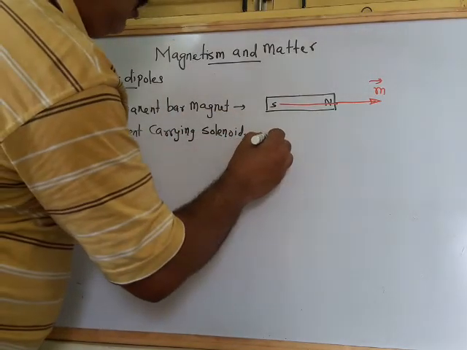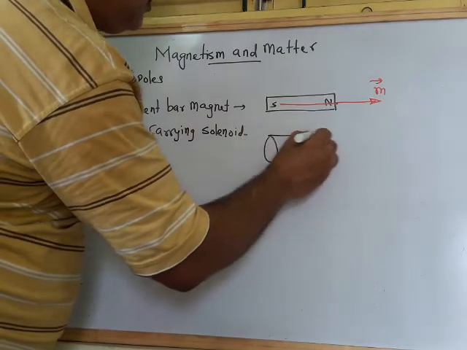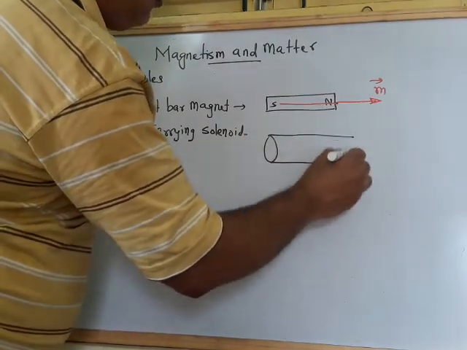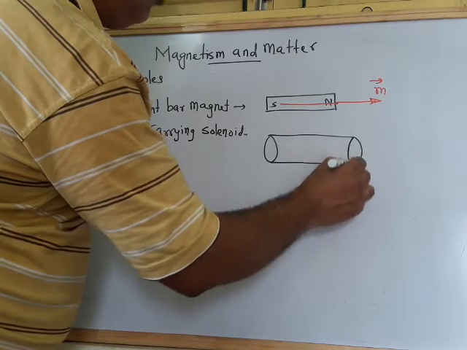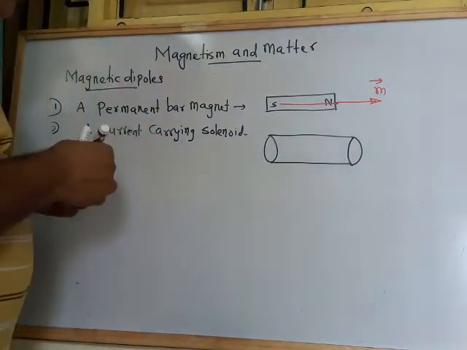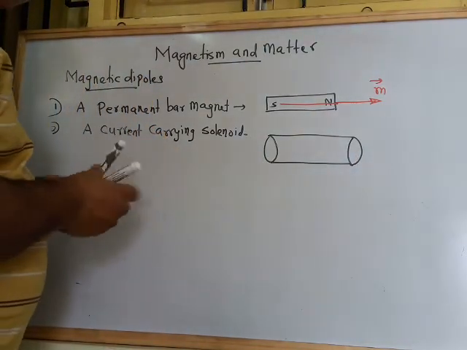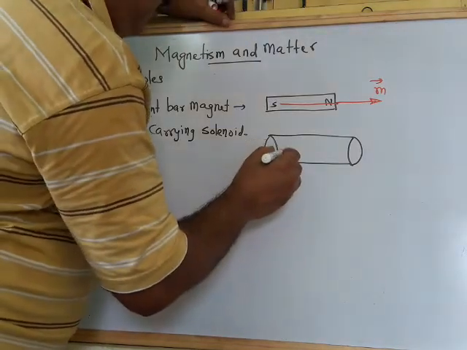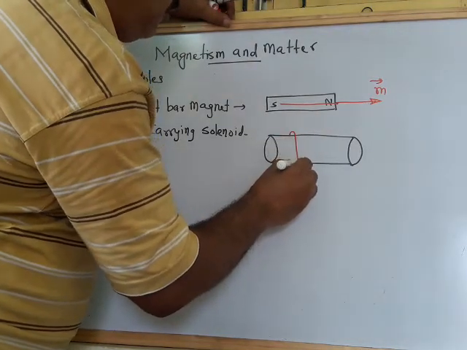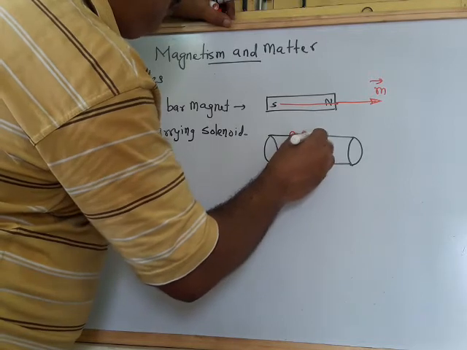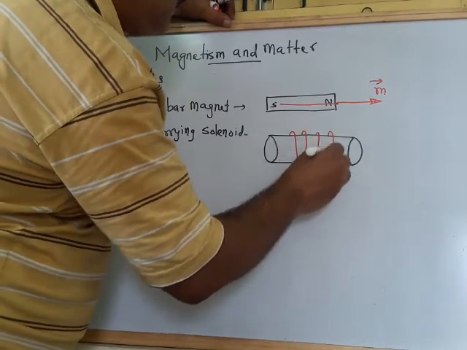In the current carrying solenoid, we have this cylindrical core. The core can be filled with air, or it can be filled with iron. So we have the iron cored solenoid, or we have the air cored solenoid. But we have the solenoid like this. So this is one of the solenoids.